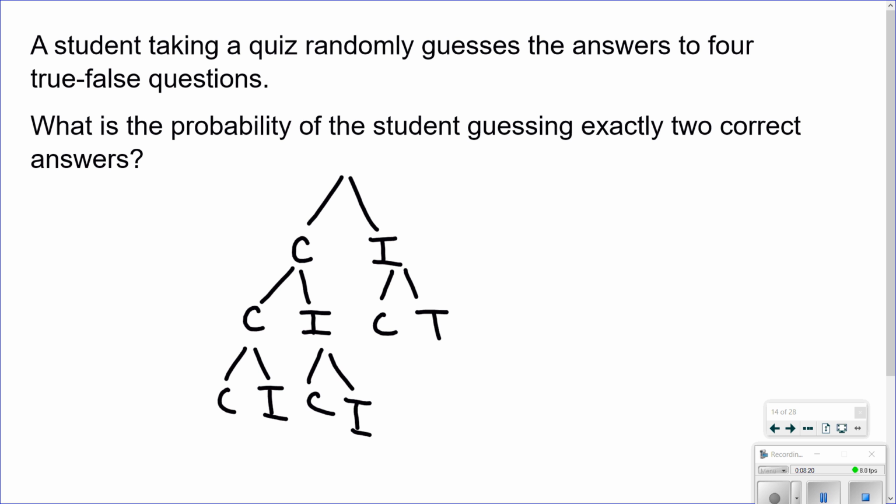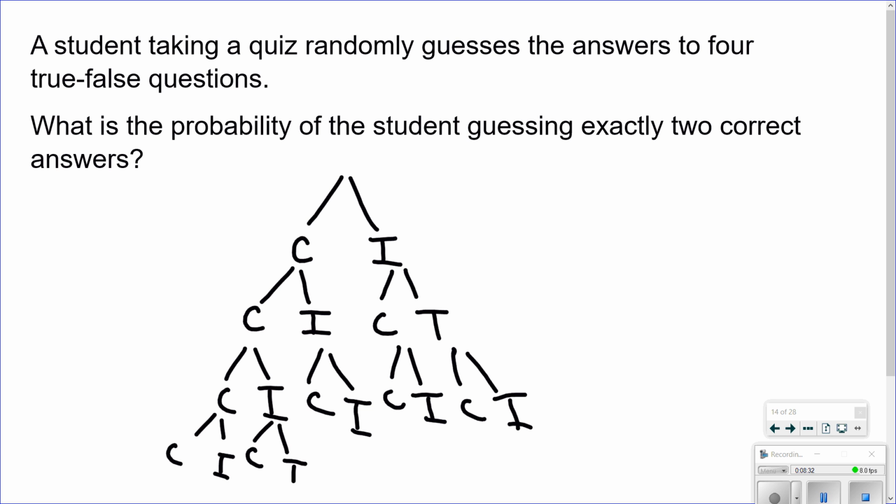I'm going to run out of room here fast. Okay, let's keep going. This is my 4th question. This is getting a little messy here.